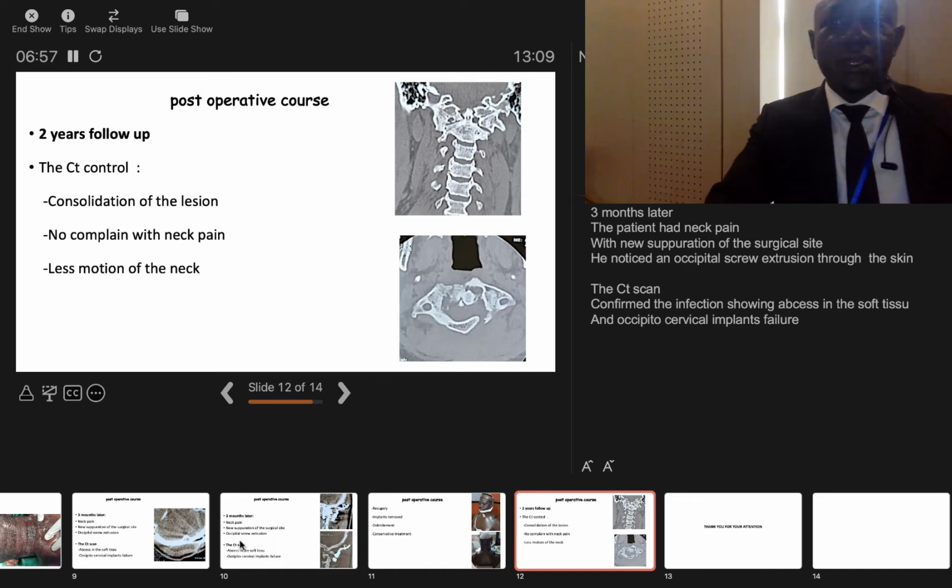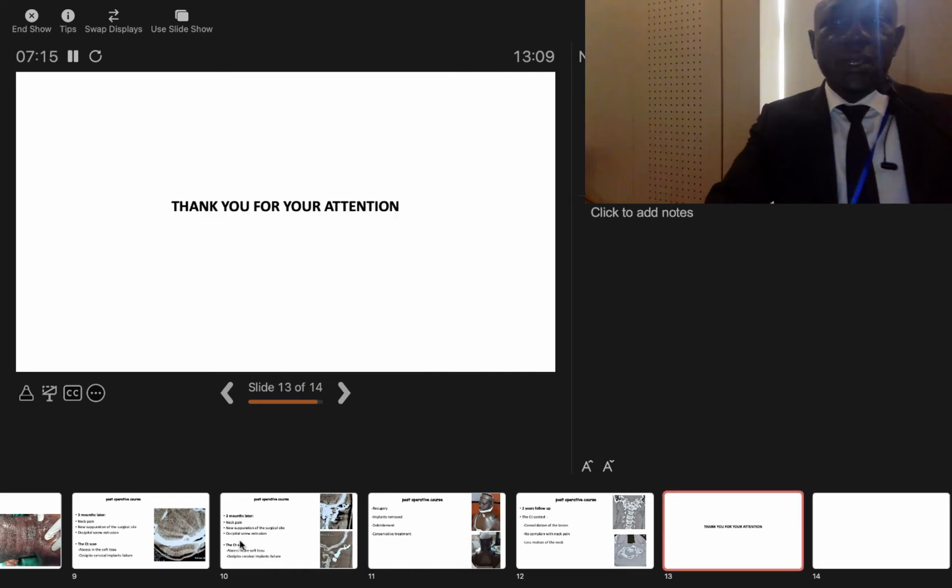The CT control showed a consolidation of the lesion and no complaint of neck pain, but less motion of the neck. This is the case I want to present. Thank you for your attention.